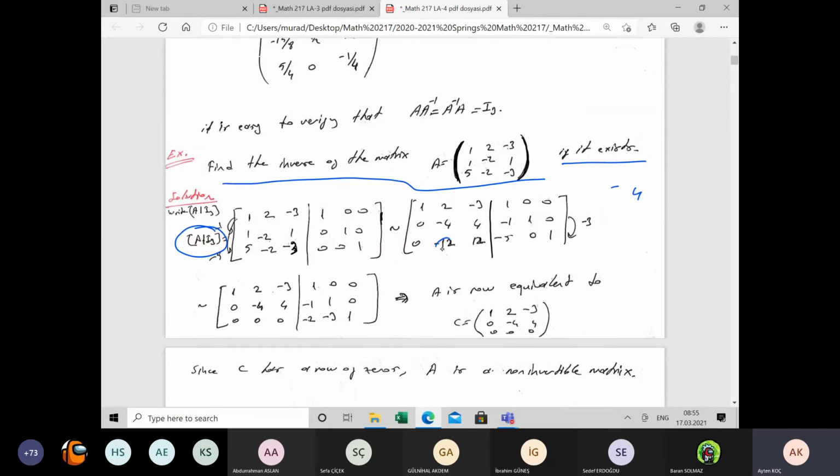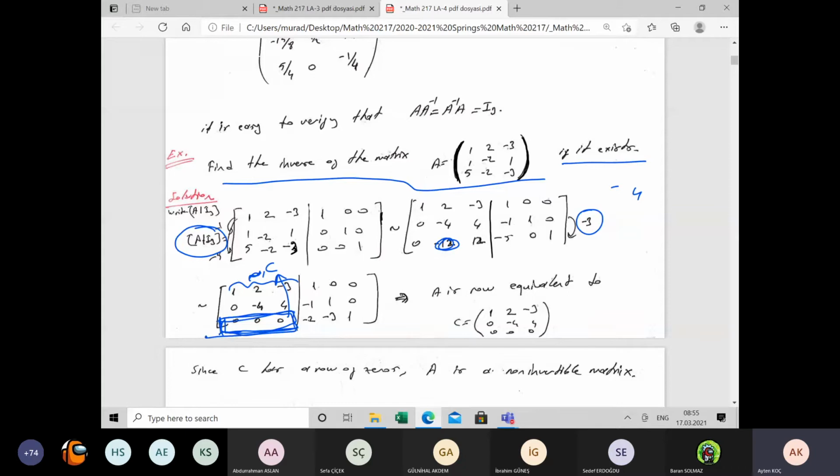Our aim is to get 0, so we get 0 here in an arbitrary step. This one is not C, not reduced row echelon form, but this part is row equivalent to C. If this matrix contains a 0 row, then applying more steps we get C, but C has a 0 row here.